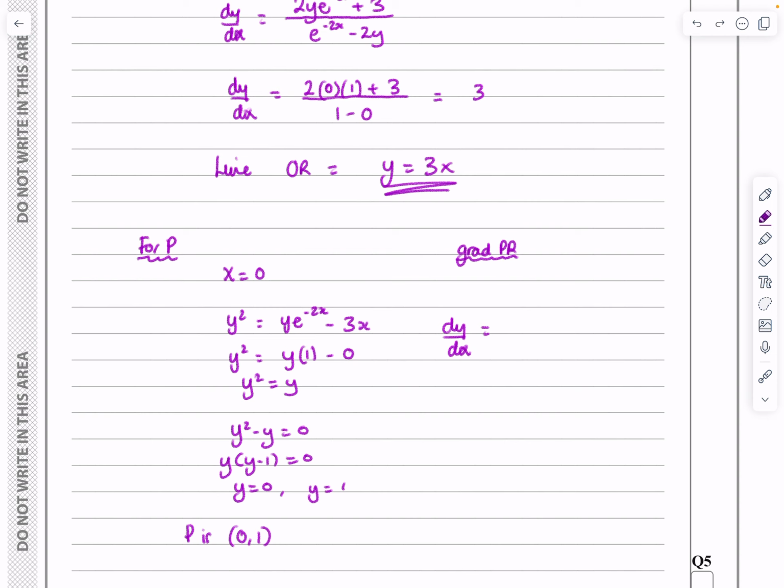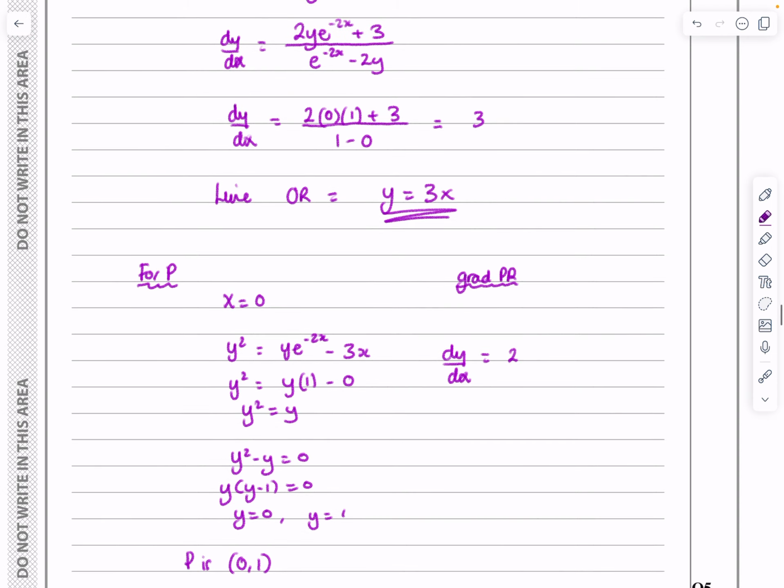So I'm going to get 2 lots of, we're going to have 1 times 1 here this time, plus 3, all over 1 minus 2 this time. So that works out to be minus 5.